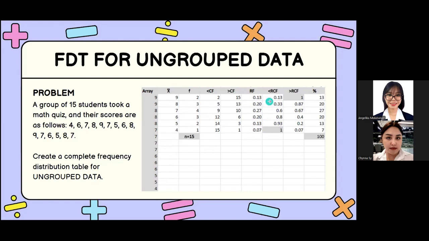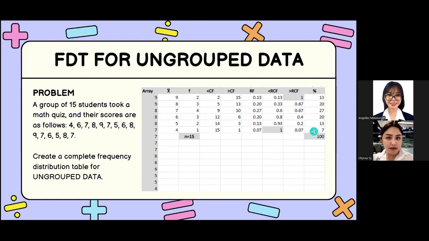So 0.13 multiplied by 100 is equals to 13. 0.20 multiplied by 100 is equals to 20. 0.27 multiplied by 100 is equals to 27. 0.20 multiplied by 100 is also 20. 0.13 multiplied by 100 is equals to 13, and then last is 0.07 multiplied by 100 is equals to 7.